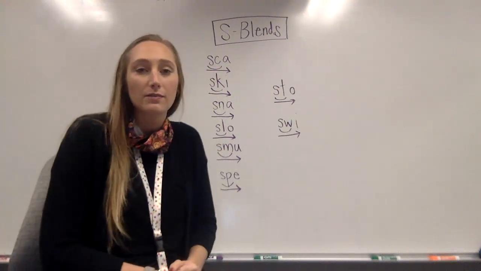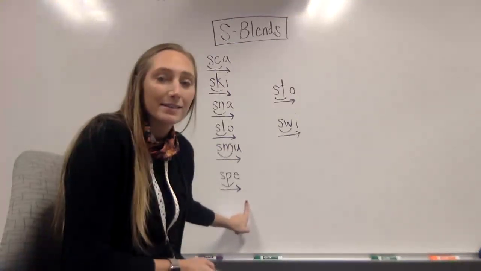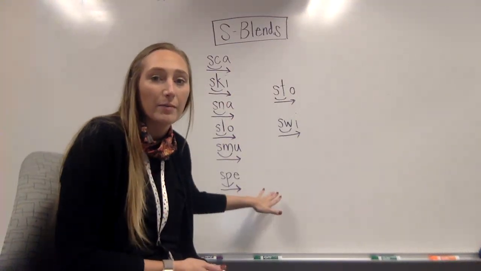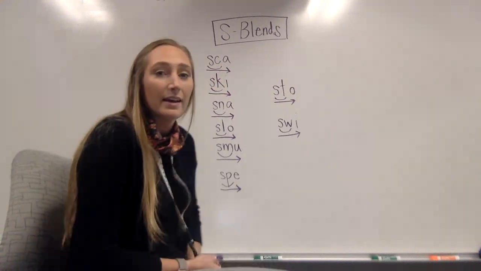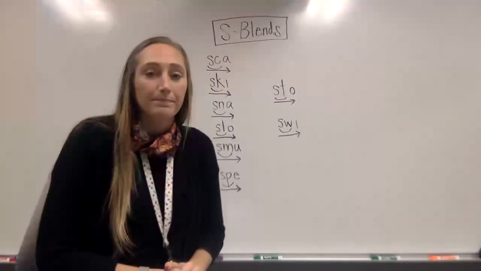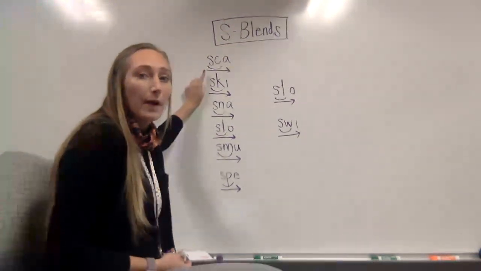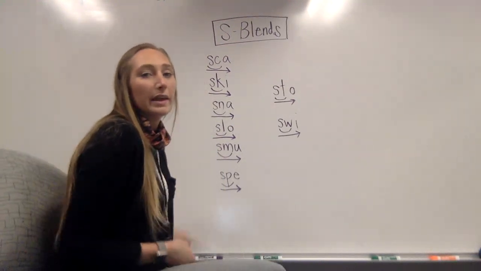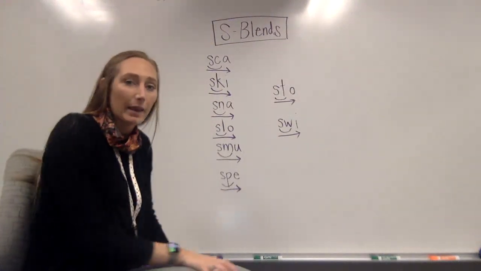Okay, I want you to pause this video right now if you have not written your slides, and you can copy mine from my board. So add your vowel and create your slide, and then press play. Okay, once you're done with that, I want you to try and sound these out with me. As I point to them, I will sound them out, and I want you to try and sound them out with me.